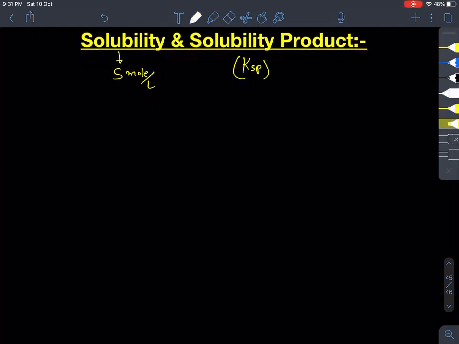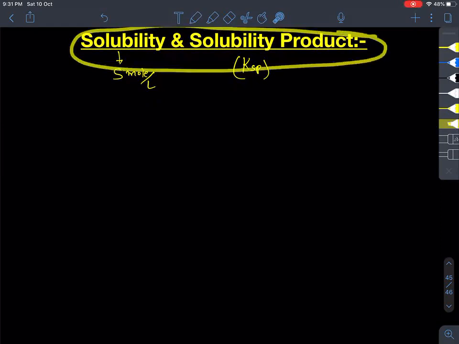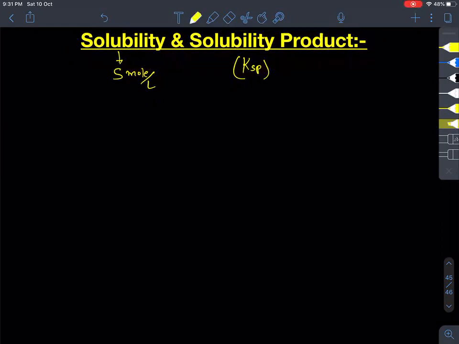First of all, you need to understand that this topic is related to salts, bases, or any ionic compound which is sparingly soluble in water, right?